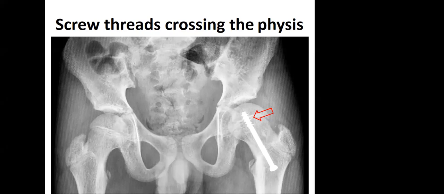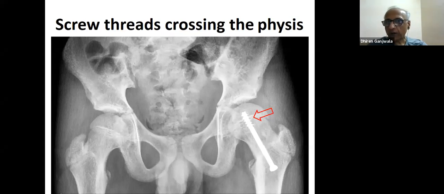Yes, we prefer fully threaded screws because they're easy to remove. If you look at this screw, if you want to remove it over the smooth portion, the screw threads have to cut the bone, which many a time is not possible in a young patient, and the screw may break. So to avoid that, the fully threaded cancellous screw is the preferred implant in this case. Next slide.